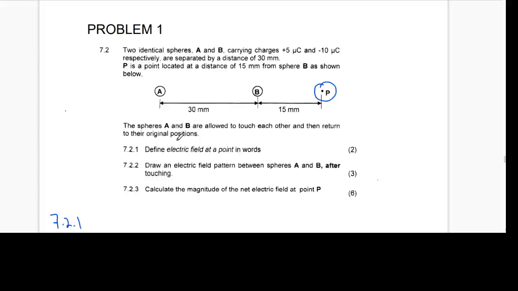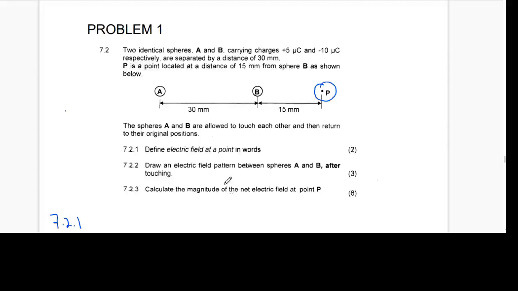You will remember from the previous lesson that we did on electrostatics, whereby two spheres were in contact with each other, and then when they were separated, they shared the charge into half.